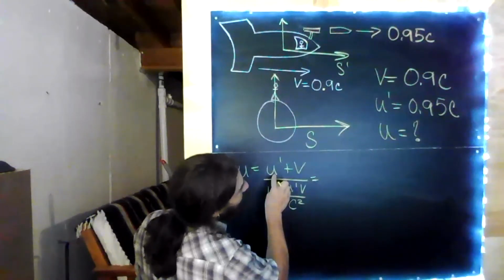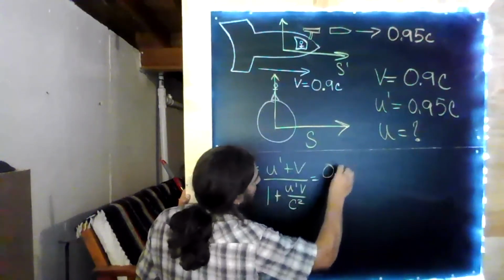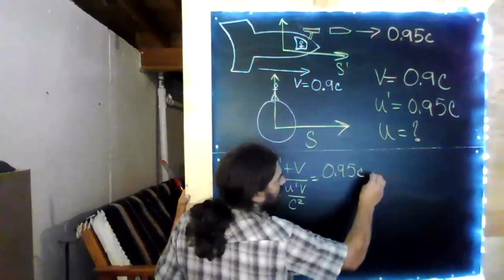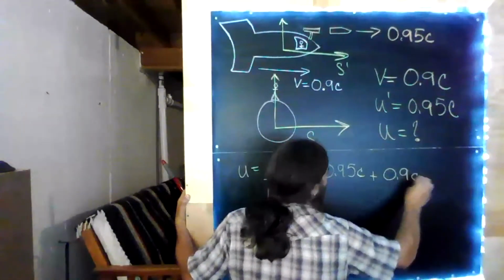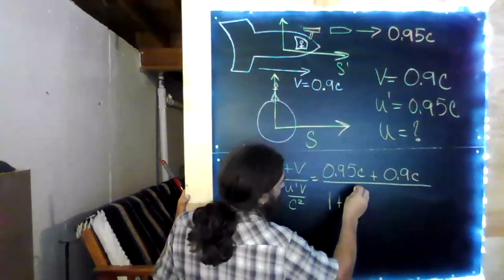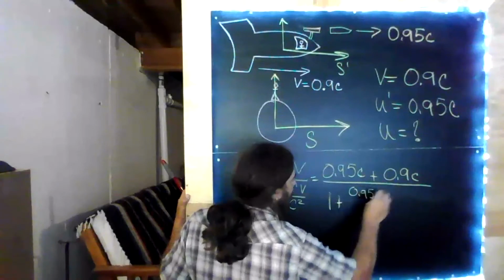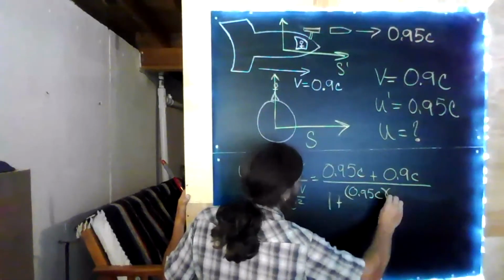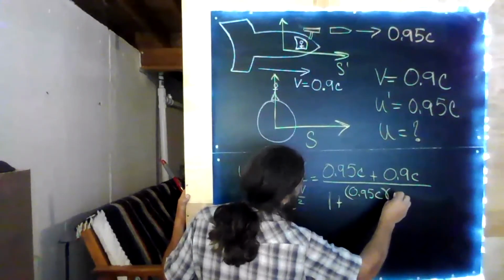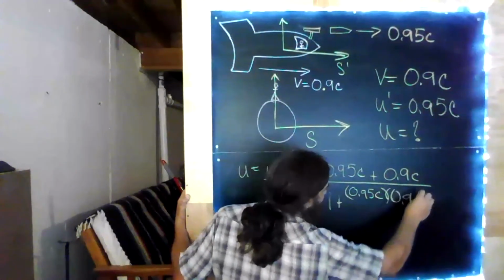Okay, our U prime is 0.95 c. V is 0.9 c. And again, here we go, we got the 0.95 c times 0.9.